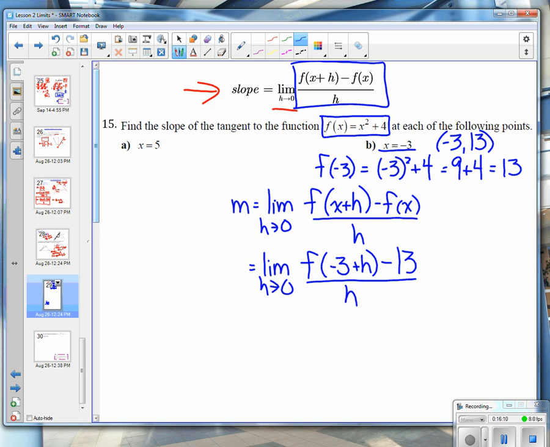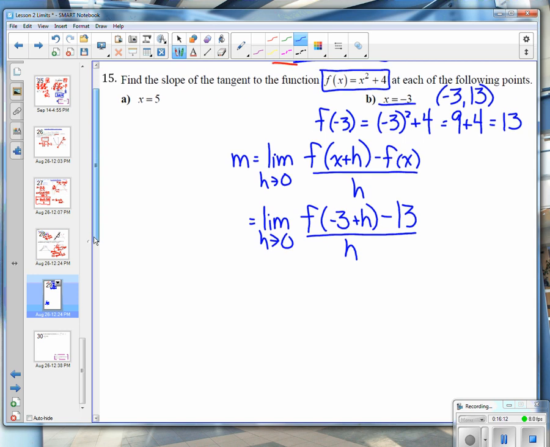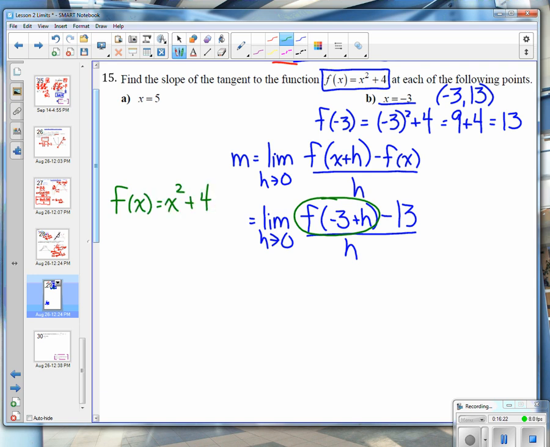Now what we want to do is substitute, so we need to figure this guy out right now. If I know that f of x is equal to x squared plus 4, we want to find f of -3 plus h. So that would be (-3 plus h) squared plus 4. All we're doing is plugging our x value into that function.